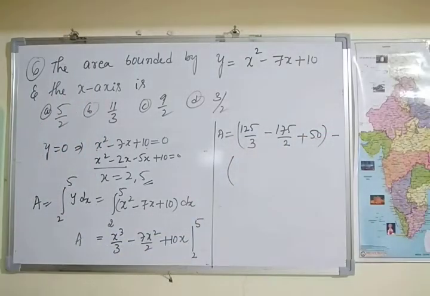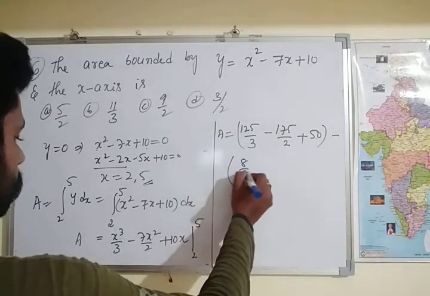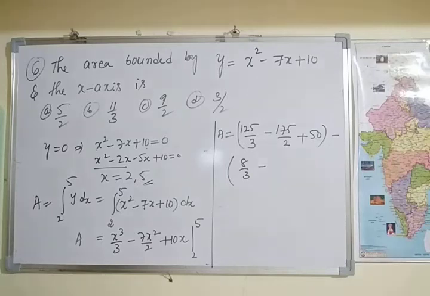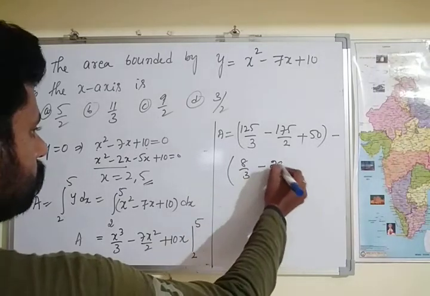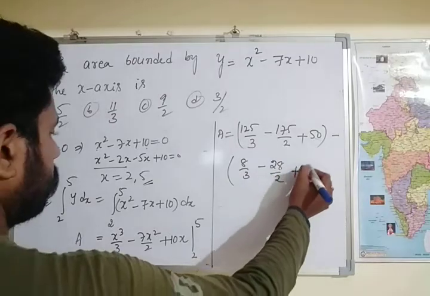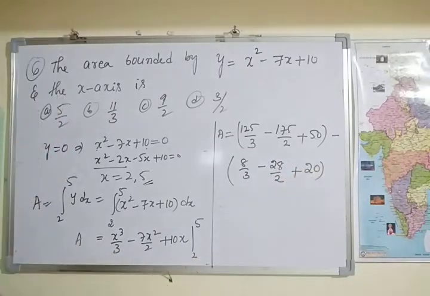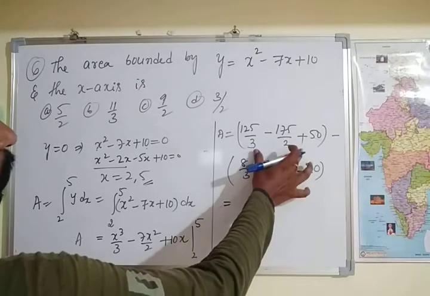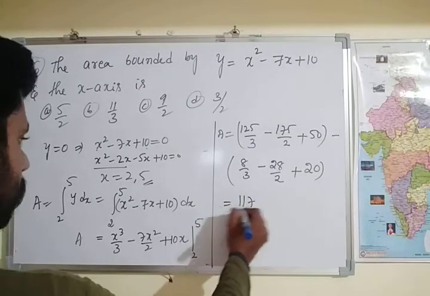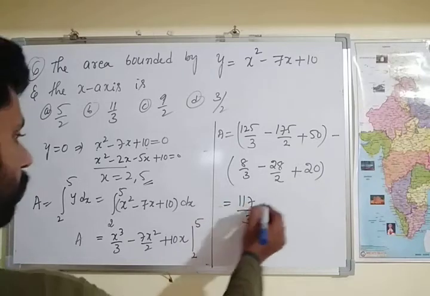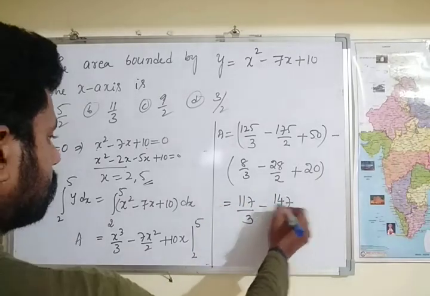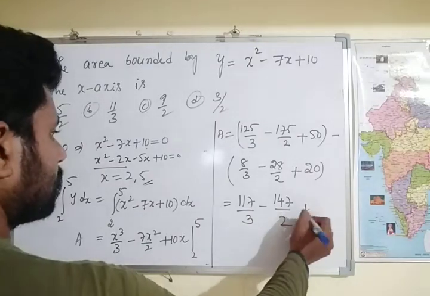Now substitute x = 2: 2³ = 8, divided by 3, minus 7 times 2², which is 4 times 7 = 28, divided by 2, plus 10 times 2, which is 20. Next, simplifying all the terms, we get 117/3 − 147/2 + 30.